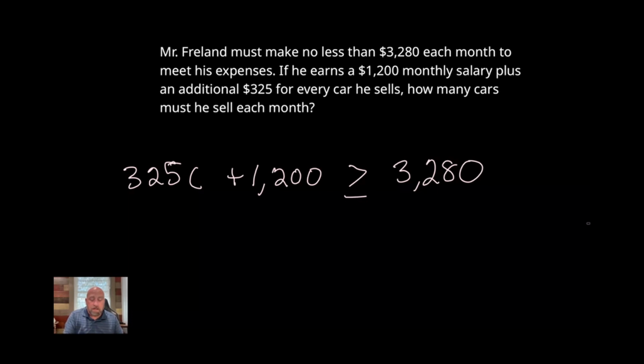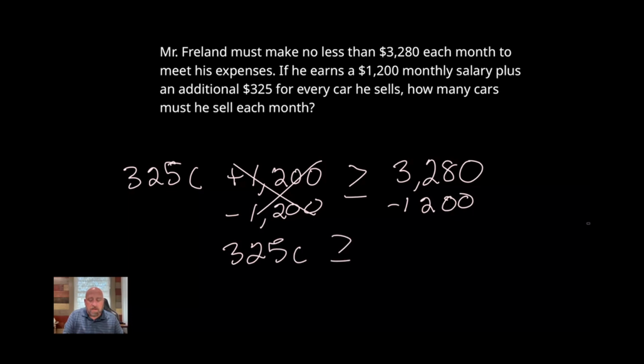So go ahead, take your time, build it out, and then now we're ready to solve this. We'll subtract 1,200 from both sides. It's going to cancel. We're going to get 325C is greater than or equal to, and then you just subtract this out. So this gives me $2,080.